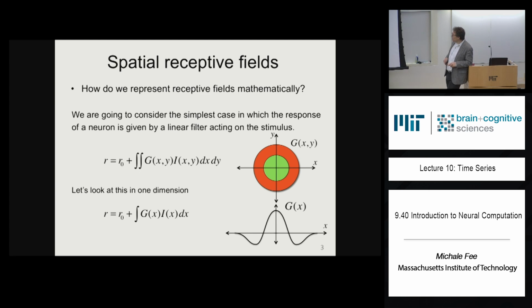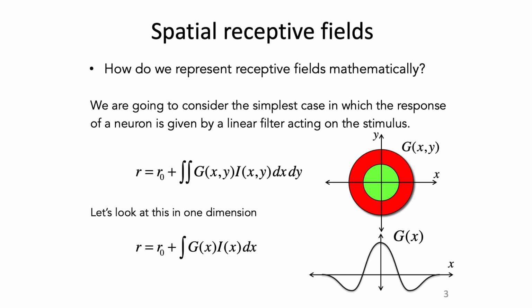In one dimension, we would have a spatial receptive field that looks like this. So this receptive field is sensitive to a positive brightness in the center and a negative, or dark, feature in the surrounding area.